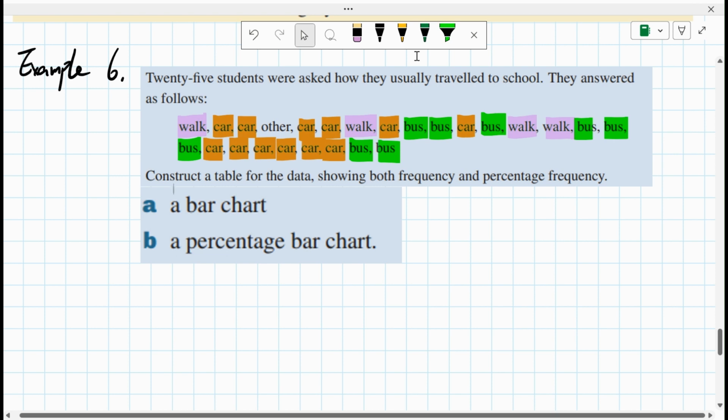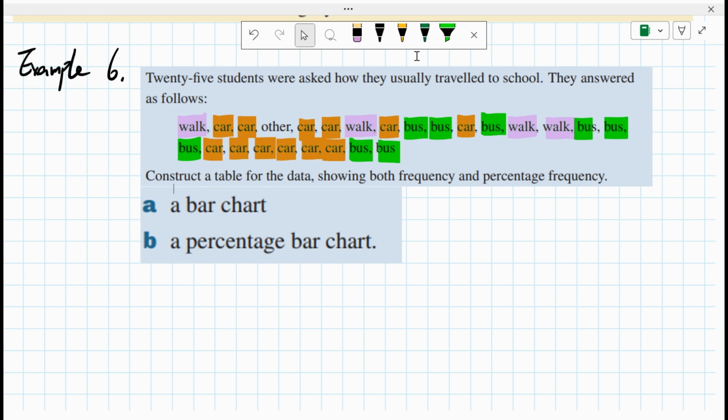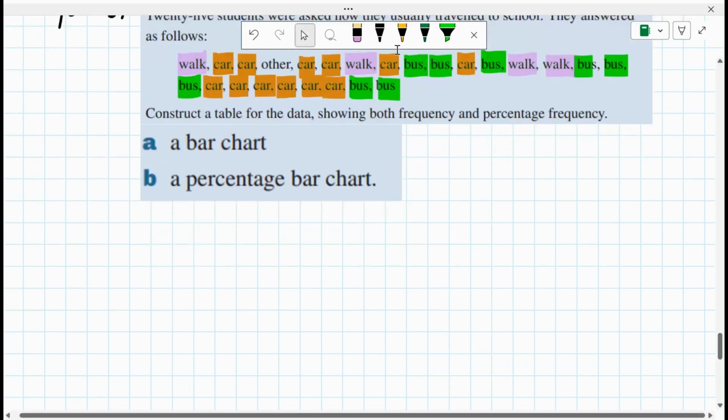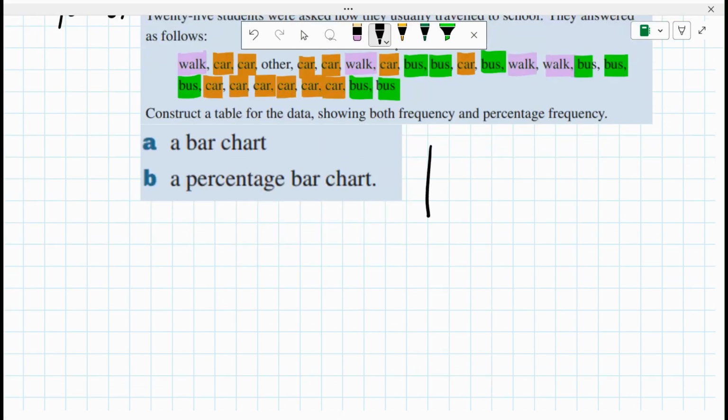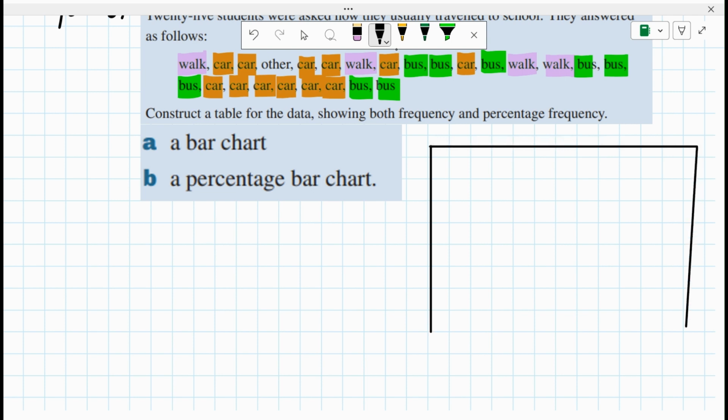So the first thing is we're gonna use the tables. So create a table. Hopefully you guys already know how to create the table. So I'm gonna do it here. Perfect. And firstly, we're gonna do the frequency, which is maybe the choice between the students.